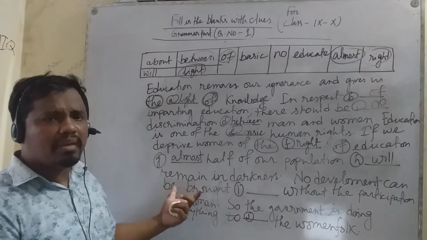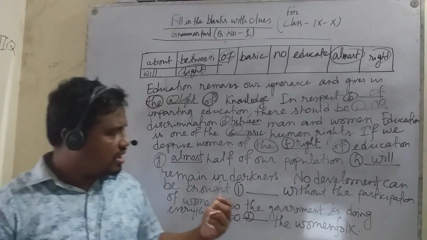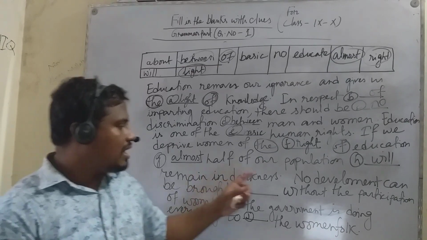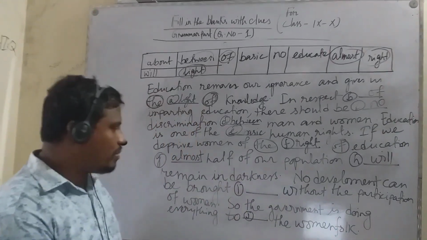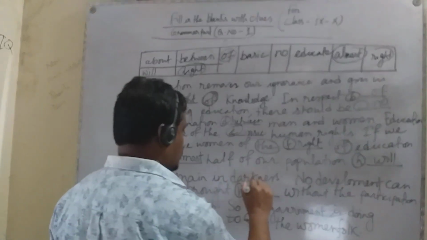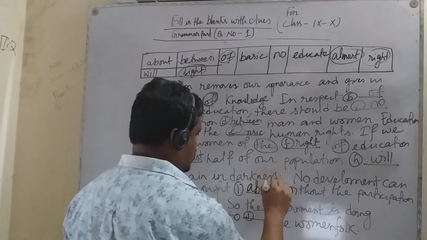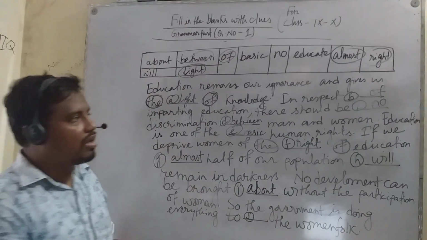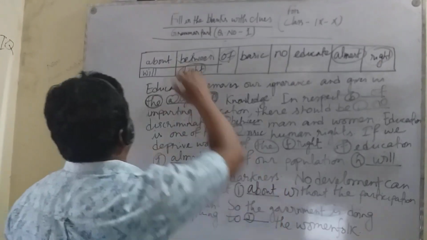New development can be brought gap without the participation of women. Here you have to use a preposition: brought about. It's an appropriate preposition.